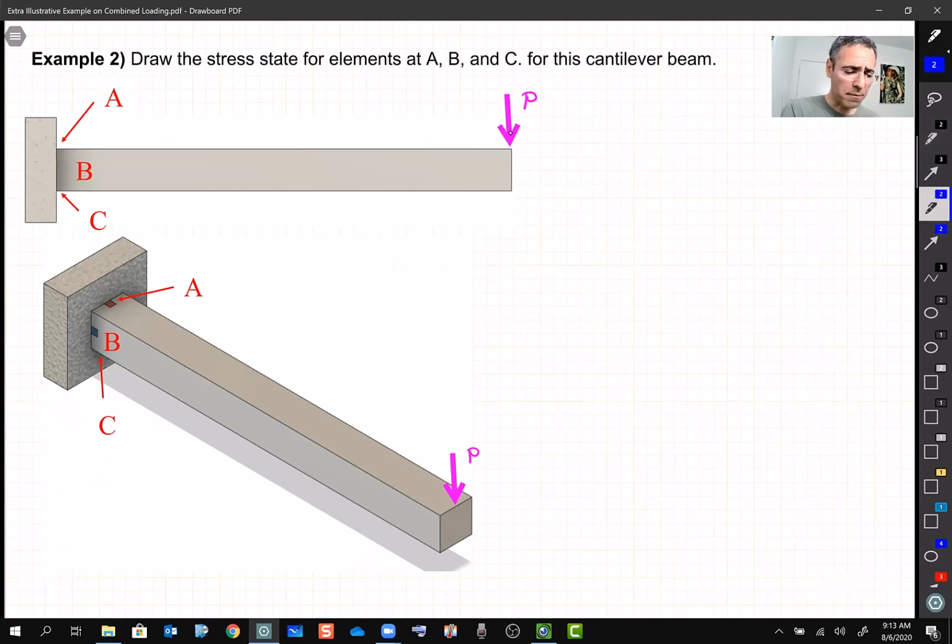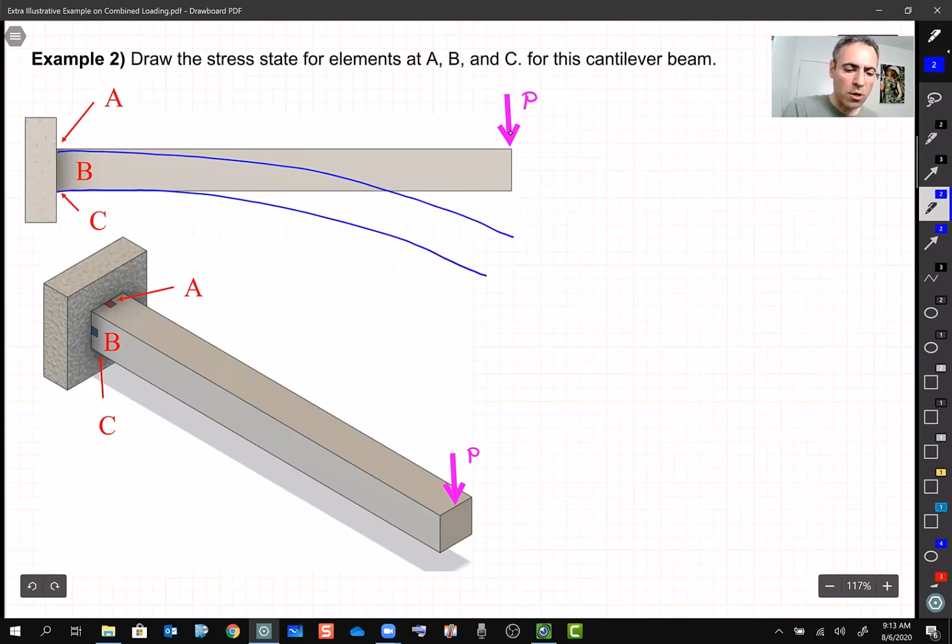And this load P tries to bend everything. So if we exaggerate this load P trying to bend these things, it's gonna bend like that. So we know that if it bends like that, then the top portion of this beam is gonna be under tension, and the bottom is gonna be under compression, right?